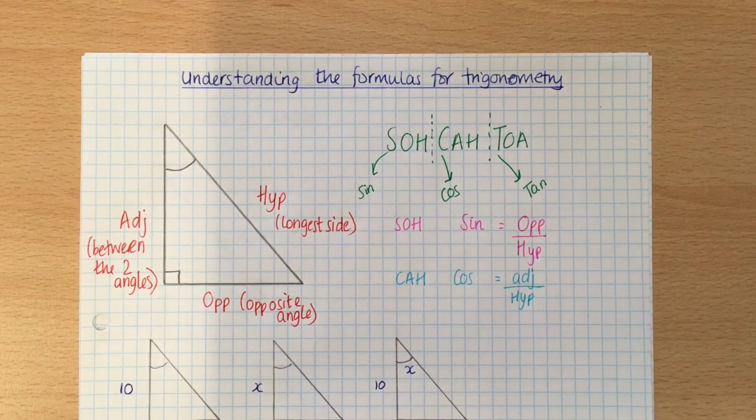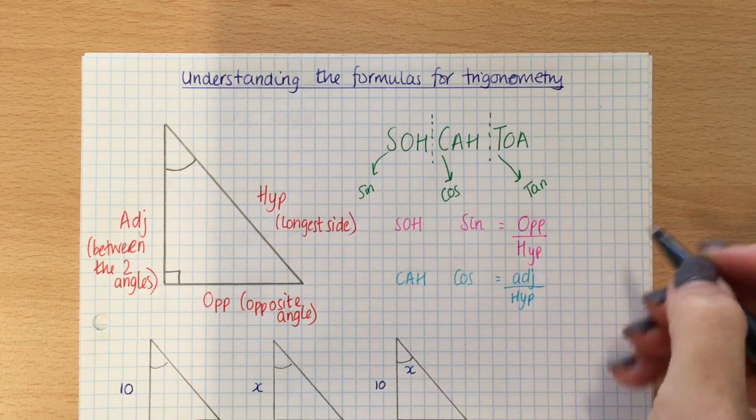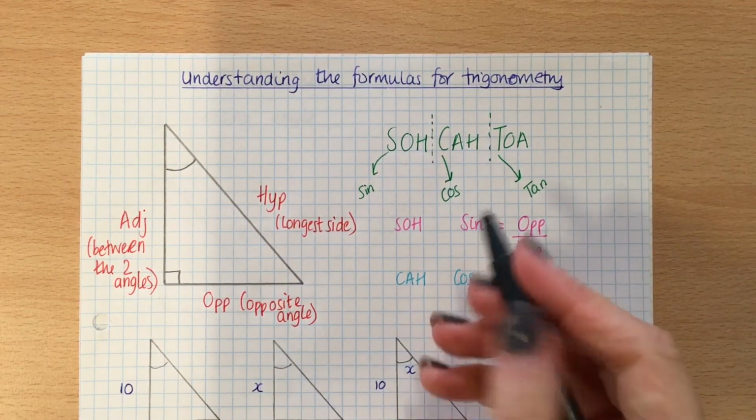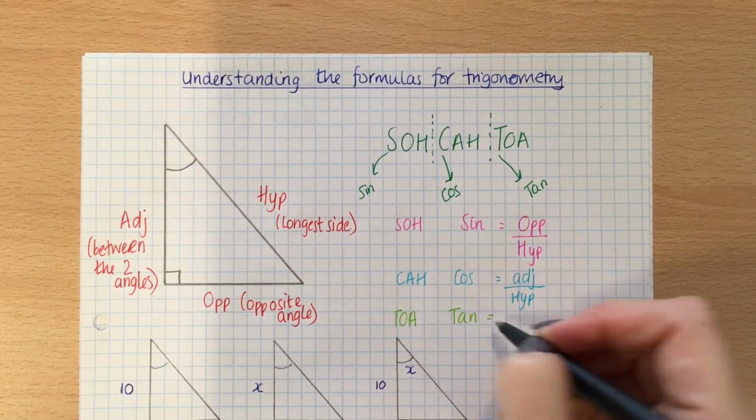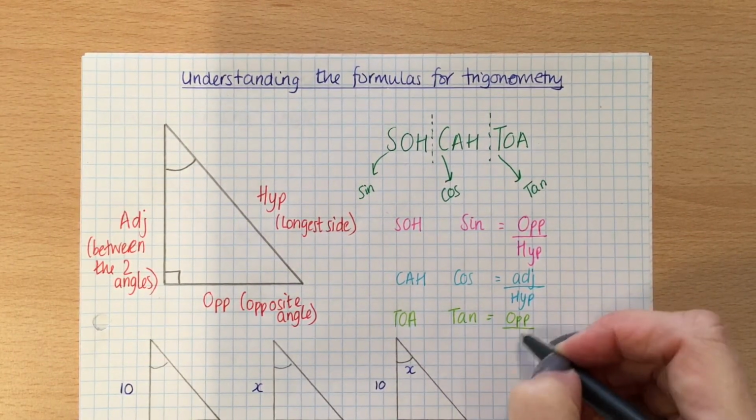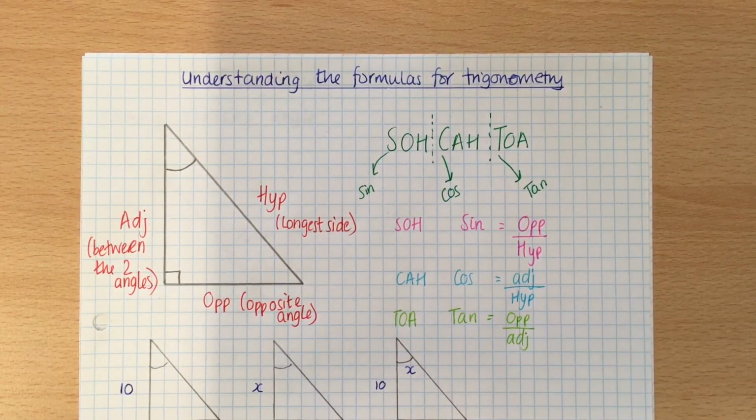And the last one, tan, or TOA: tan of the angle equals opposite over adjacent. Now we're going to have a look at the triangles that I've already drawn for you, and see which part of Socatoa we're going to use. Then we're going to rearrange the formulas so that it suits what we actually need to work out.